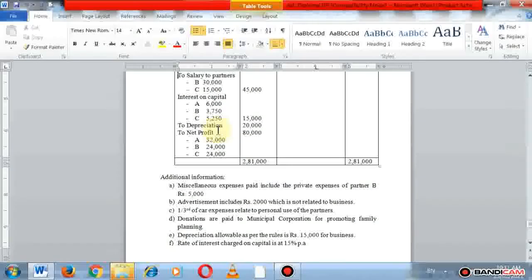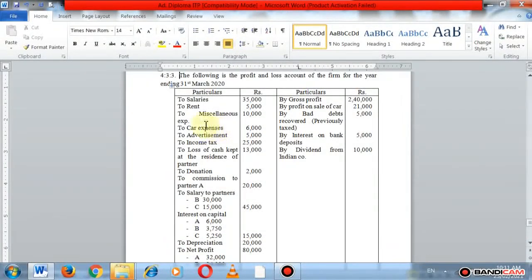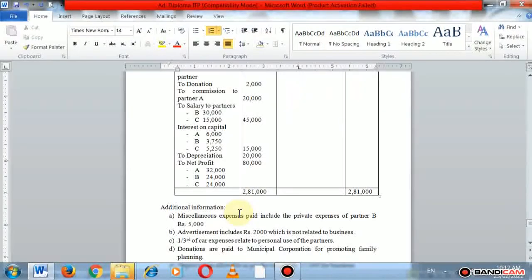We make a star in front of miscellaneous expenses because the adjustment is given on it, that is, miscellaneous expenses include rupees 5,000 private expenses of partner B. All private or personal expenses are disallowed.